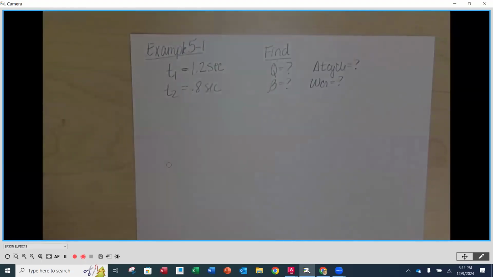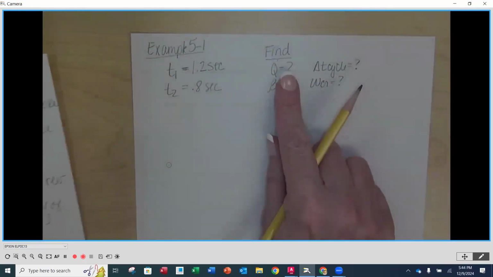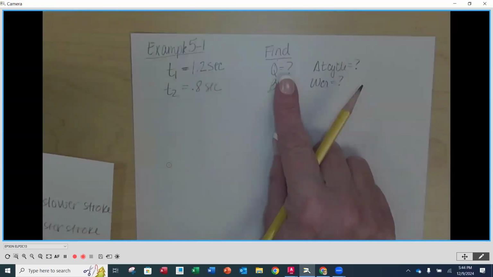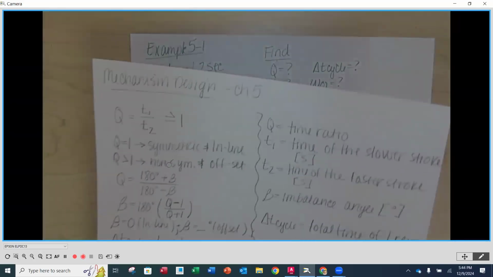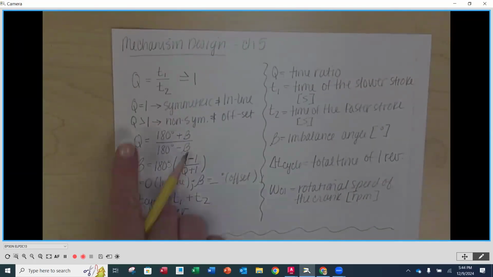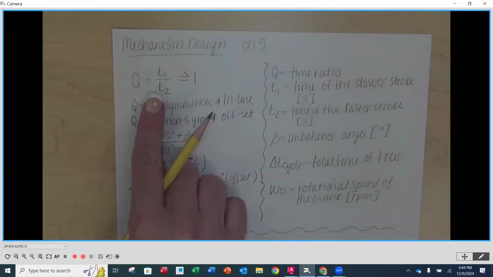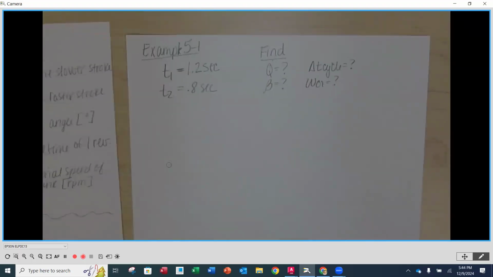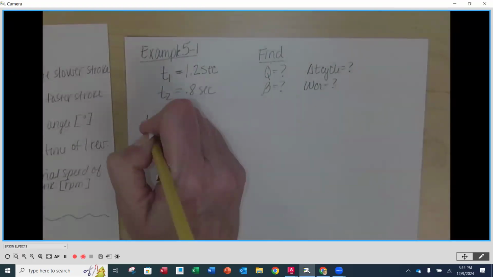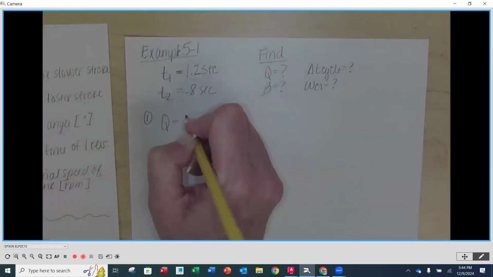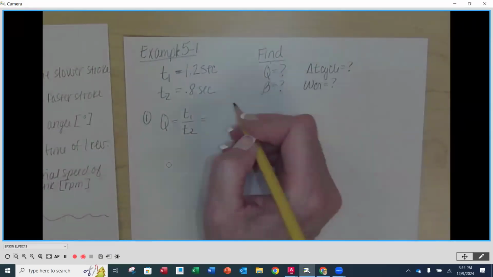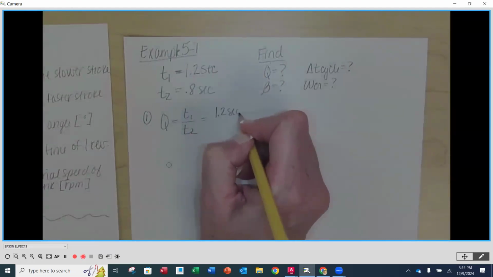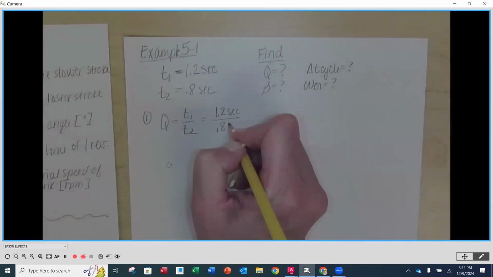Since we need to find Q, let's look at our equation sheet. You're going to notice our very first equation, Q is equal to T1 over T2, and we have T1 and T2. So step number one is Q equals T1 divided by T2, which is 1.2 seconds divided by 0.8 seconds.